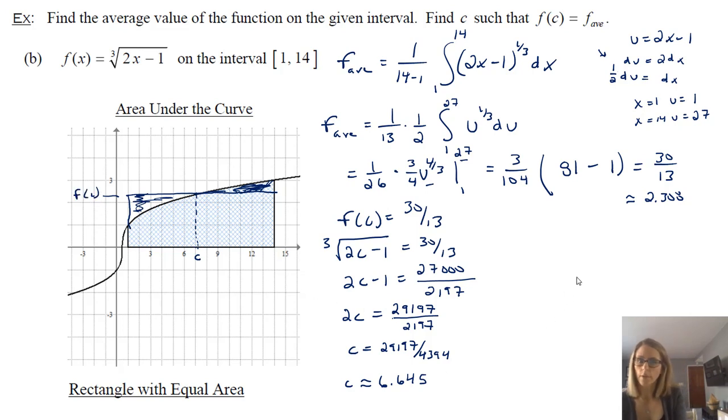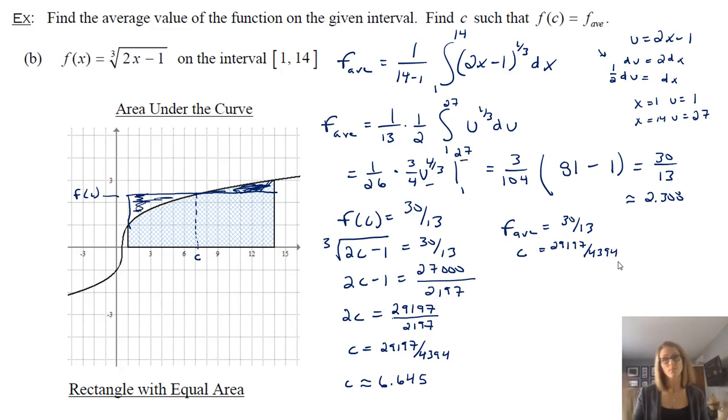And so what we have found is that the average is 30 over 13, and c is 29197 over 4394. So that is all there is for the average value of a function.